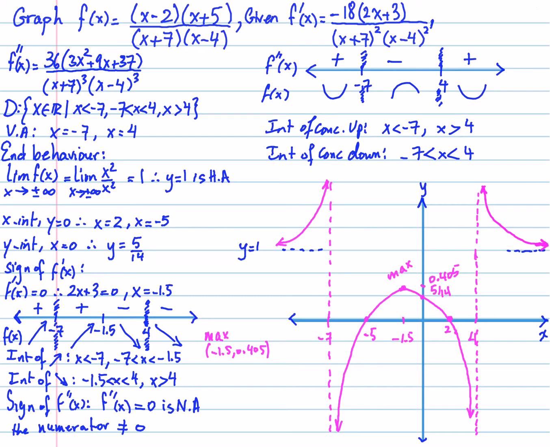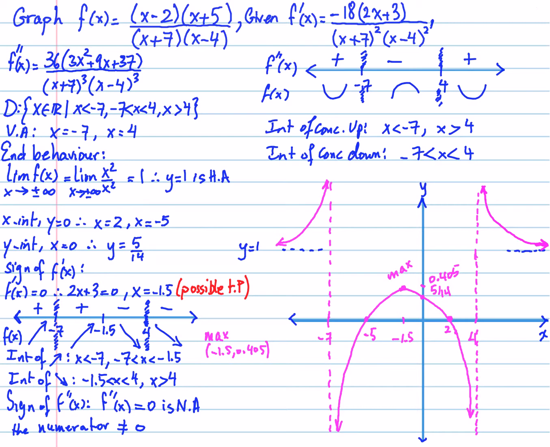So x equals negative 1.5 is a possible turning point. That's because it's only determined as a turning point if we see a sign change before and after that f prime root.